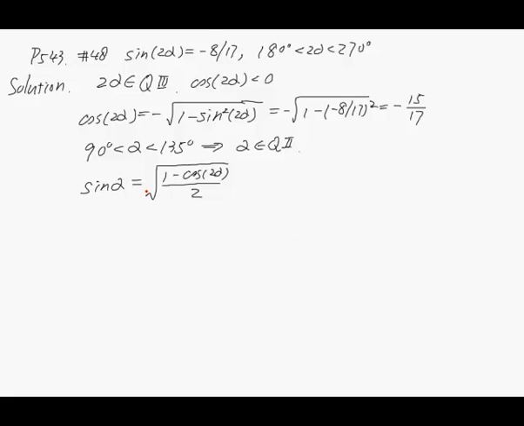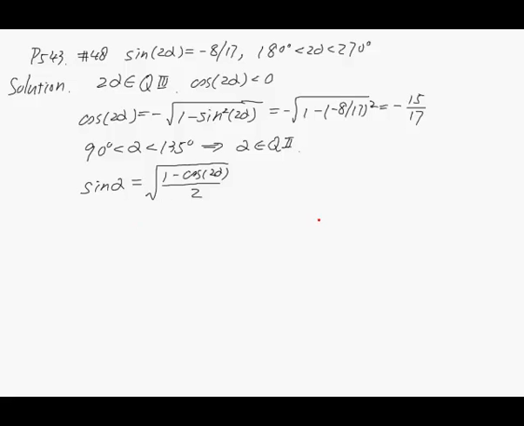And before we have the plus minus sign before this radical sign. But right now we know the position of alpha, and we determine the sign of sine alpha, which is positive. So we just take the positive square root of 1 minus cosine of 2 alpha over 2. This is the half angle identity for sine.